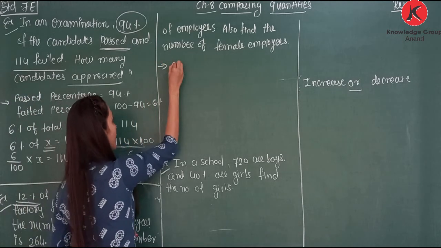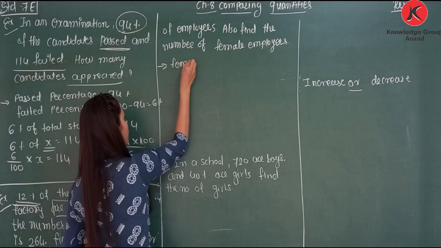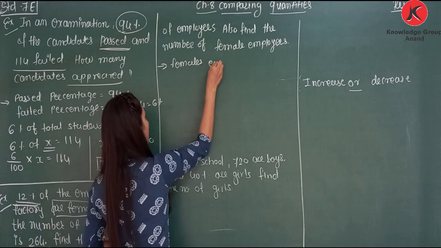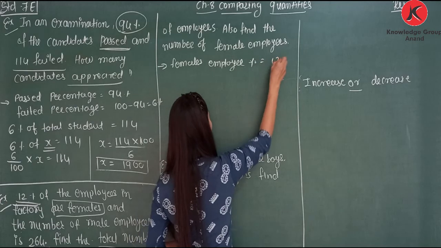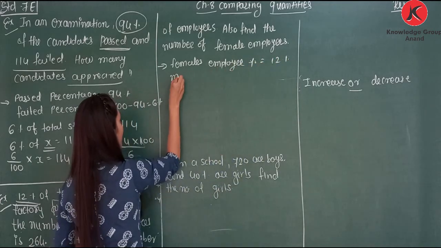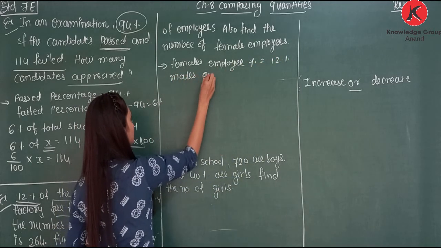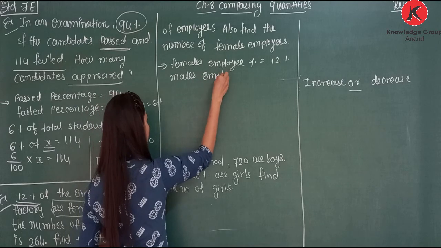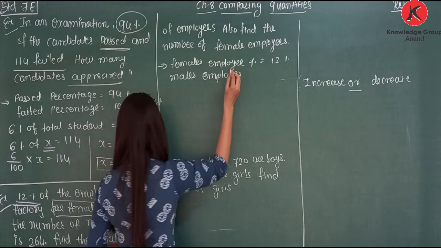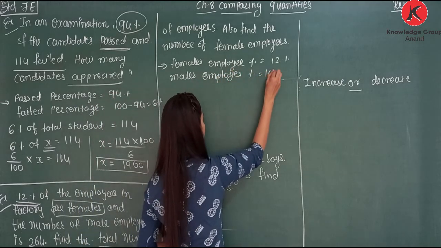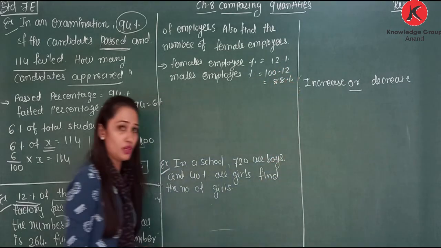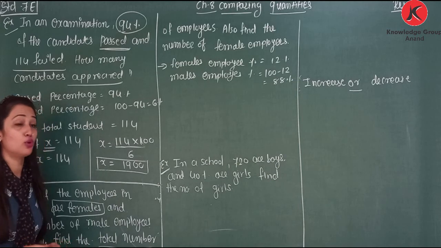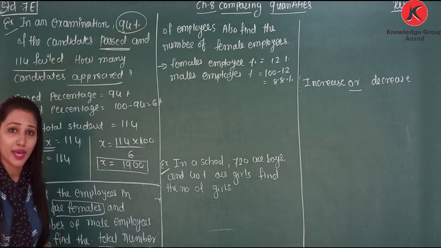So here we can write the female employee percentage is 12%. So the male employee percentage is 100 minus 12, that is 88%. So 88% of total employees is male employees.